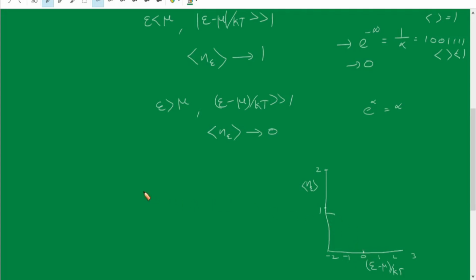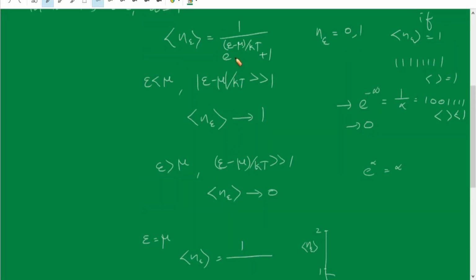Next we can see what happens when E is equal to mu. Then n of E becomes 1 divided by e raised to 0 plus 1.